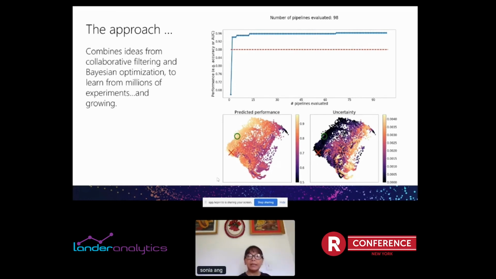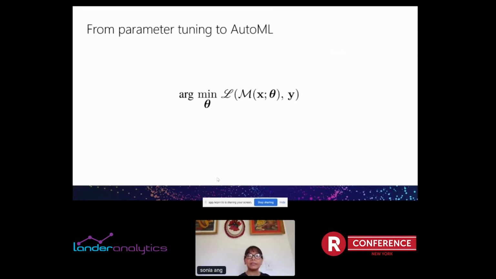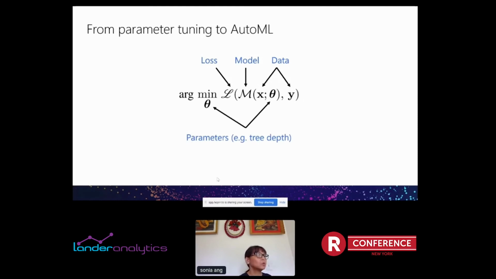Okay. Now, to summarize this, we can put this actually in a mathematical equation. So in this equation, you could see that the loss, the model, and the data are inputs to how the optimizer works. And then the labels here below the equation represents what the optimizer is supposed to figure out.